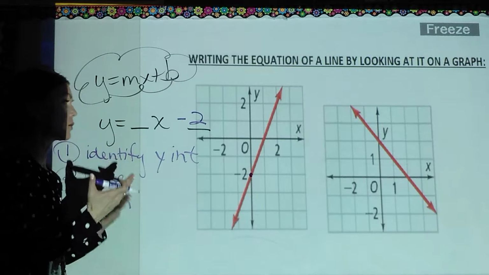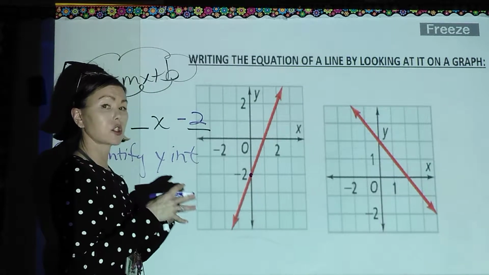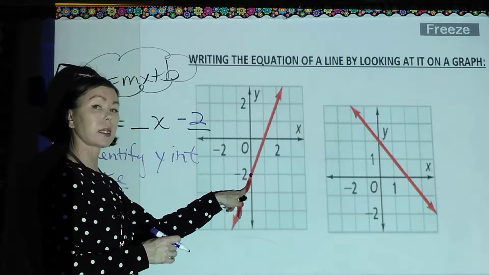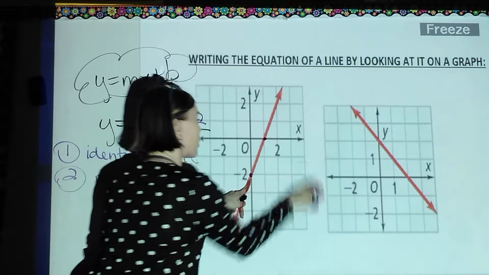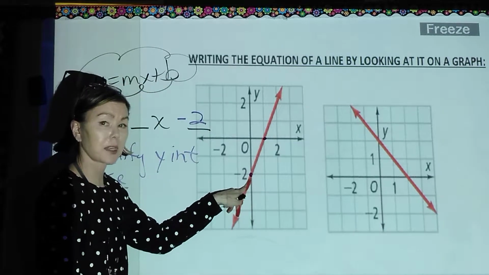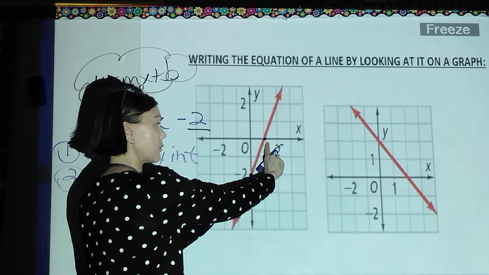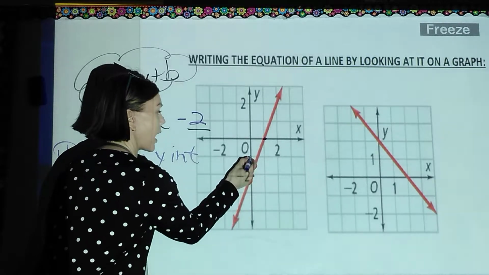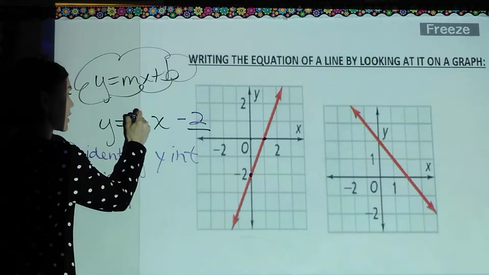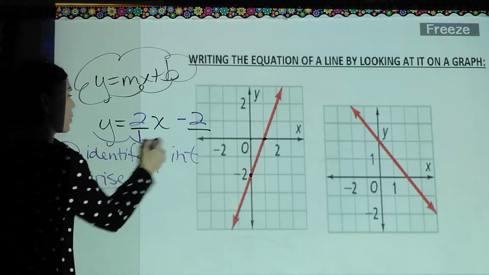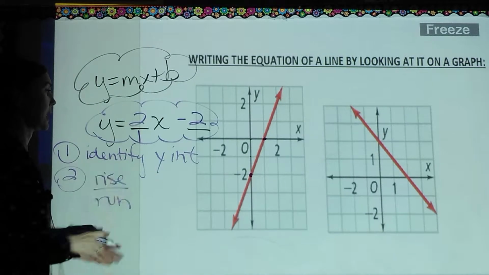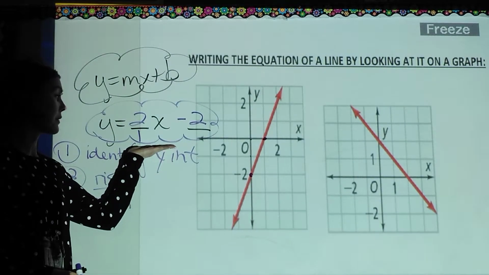What is the rise over run? Well, first of all, I have to find 2 points on the line. Here's one point here, and here's the other point here, and I have to ask myself, how did I get from this point to this point? So I had to go up 2 over 1. So that's going to be 2 over 1, and guess what, folks? You are done. This is the equation of that line.